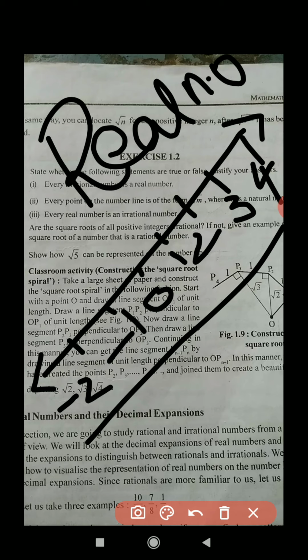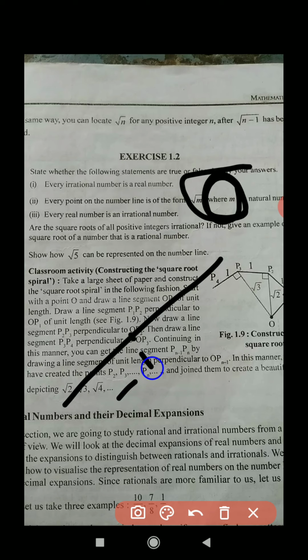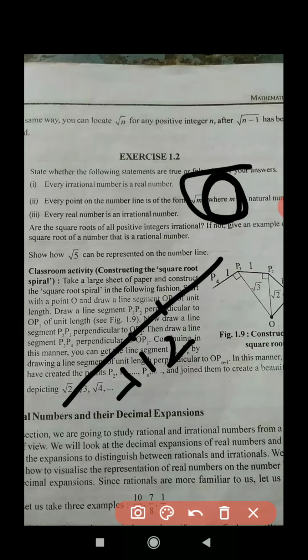Remember that. There is no restriction that in a number line only natural numbers should be there, because they have given here a point m. M is a point in the sense m might be any number. It might be 1 or 2. They are saying that the numbers on the number line are only natural numbers, having only 1, 2, 3, like that.